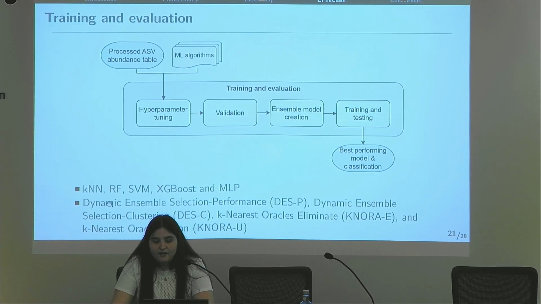We tested 4 different approaches for dynamic ensemble selection. Finally, we trained all these models and the ensemble models on the training data and evaluated them on the 30% of the data, which is the test set.